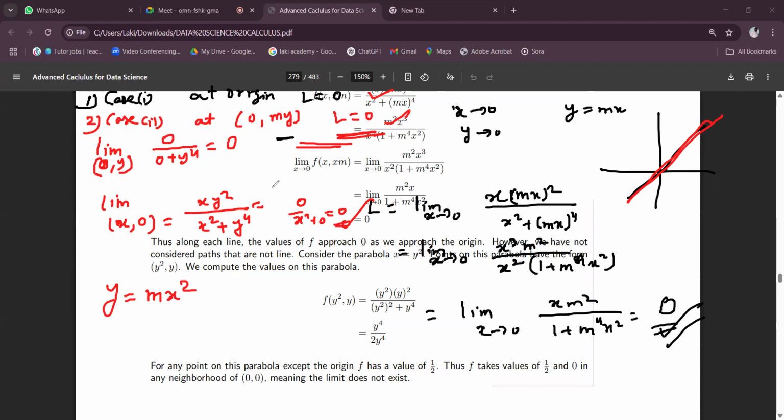Because you can see here in the second part, y raised to 4 is there, right? So when y is equal to mx square, then it will be mx square whole square, x square plus m square x whole square. So it will be x raised to 5, x raised to 2.